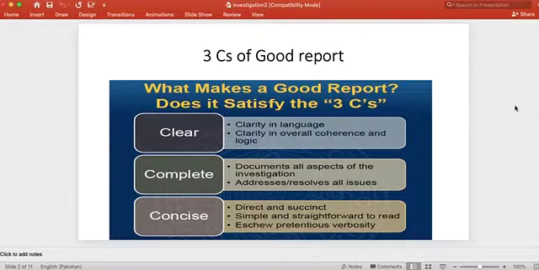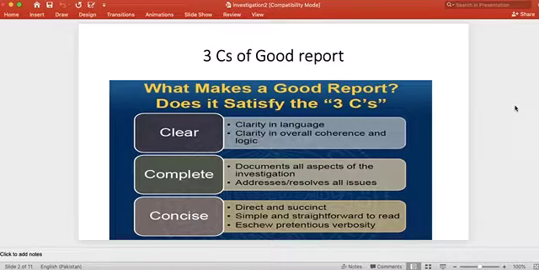First of all, there are three C's of a good report, and the three C's are clear, complete, and concise. Clear means that there should be clarity in the language, and the sentences should be logically or coherently connected with each other.